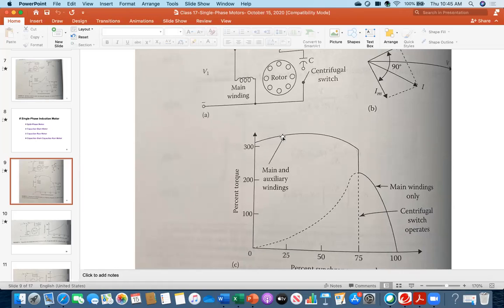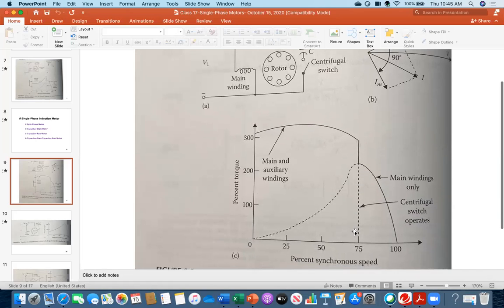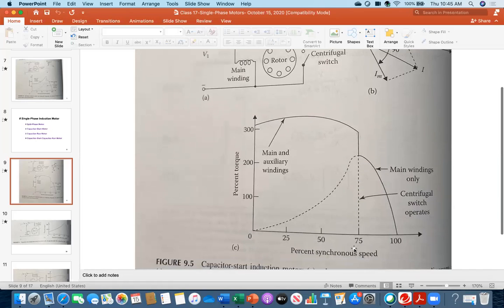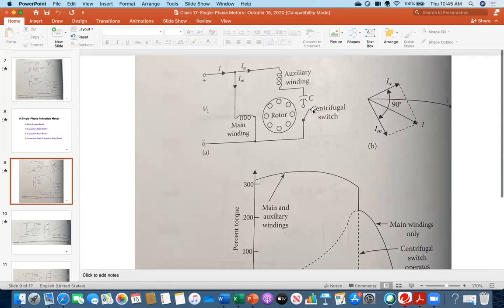And again, the principle is the same. Once it gains about 75% of the rated speed, synchronous speed, then take the auxiliary winding out. So then this is the main winding only. So there is a capacitor together with the auxiliary winding, and that is causing the higher starting torque.